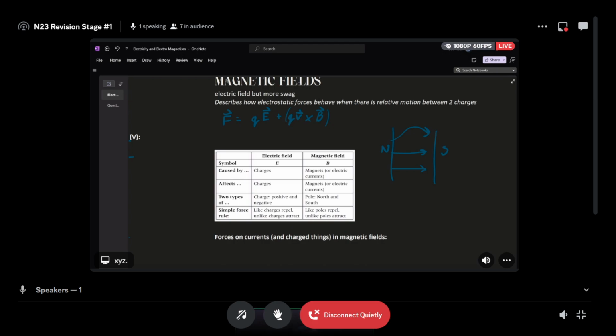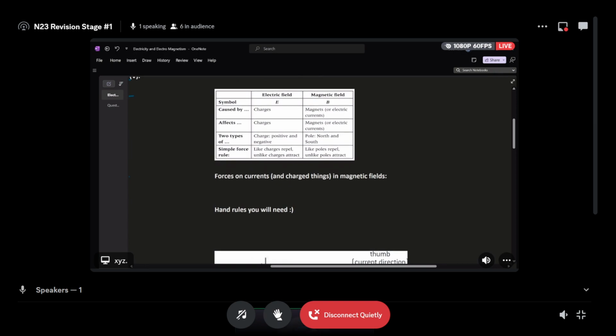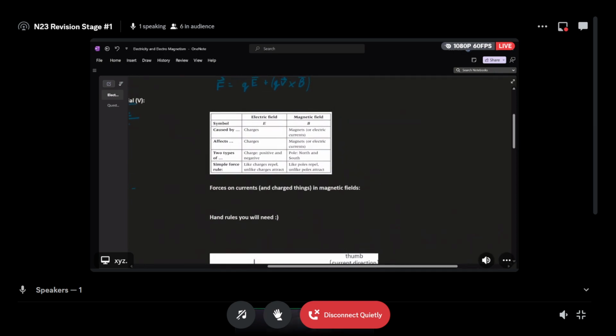The main difference here is that magnetic fields only act on charged particles if they're moving. As you can see, if this velocity vector is a zero vector, there's no velocity. This whole term goes to zero, so you're only left with electrostatic forces. Okay, so forces on currents and charged things.